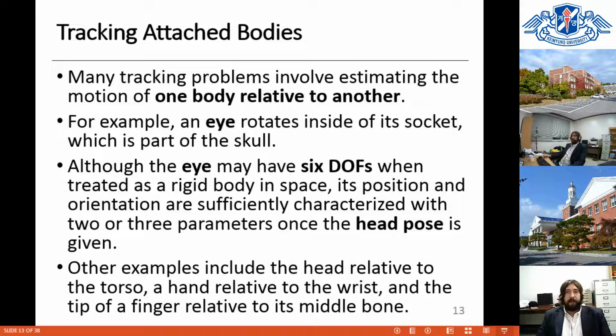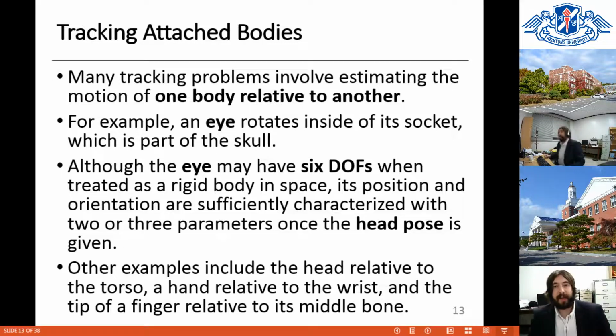Although the eye may have 6 degrees of freedom when treated as a rigid body in space, its position and orientation are sufficiently characterized with 2 or 3 parameters once the head pose is given. So if you don't move your head, obviously the number of degrees of freedom will decrease.